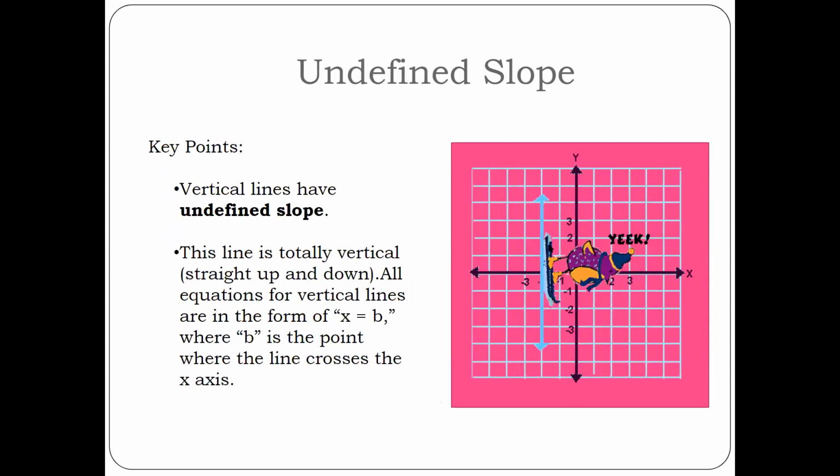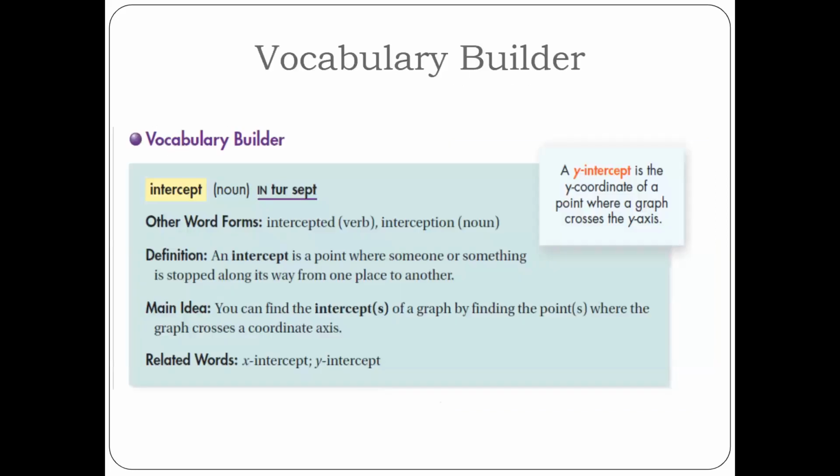The undefined slope line typically only has an x-intercept because it's sitting at x equals -2. So most of the time you're going to have two intercepts, unless it's either a zero slope or undefined slope line.